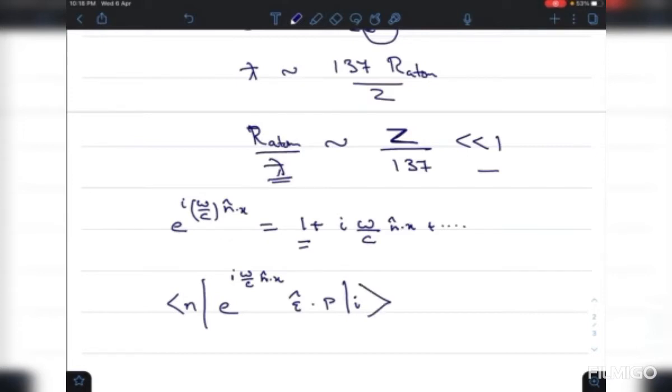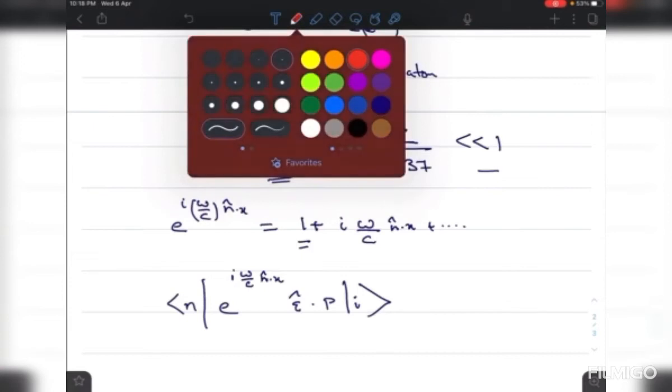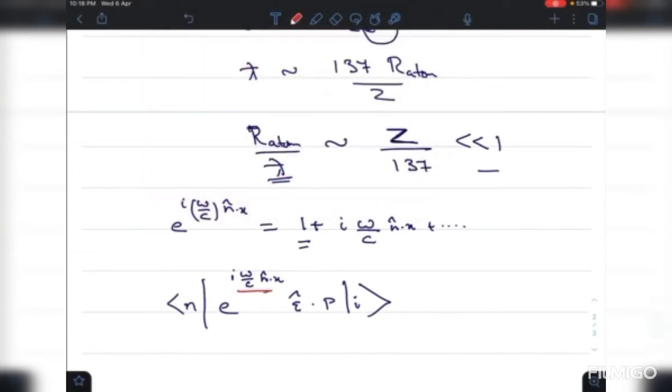And now in this case, what we do, e raised to i omega by c, this term can be replaced by 1. So this equation will look like n p i. Okay, so I can put this epsilon outside, n is the propagation direction.